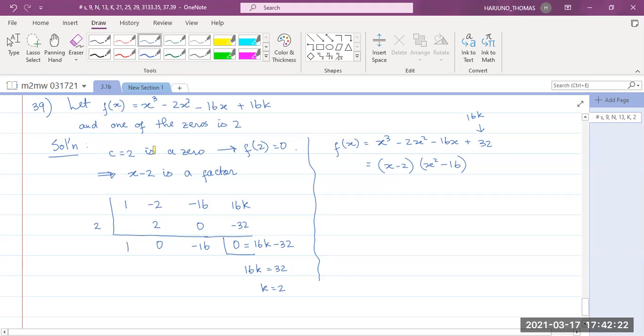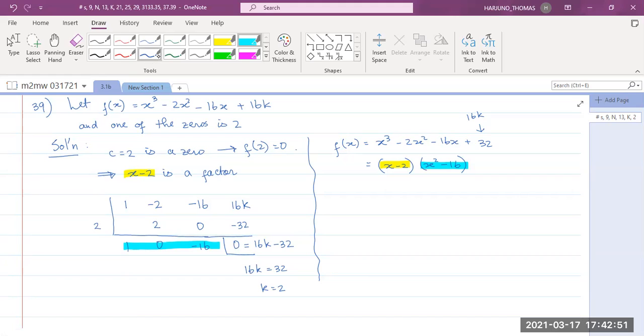See, x minus 2 is a factor, right? Then when I use synthetic division, the quotient must also be a factor. So notice that I use synthetic division to reduce from degree 3 to degree 2 once I know a zero.